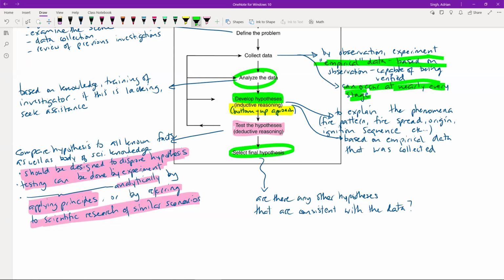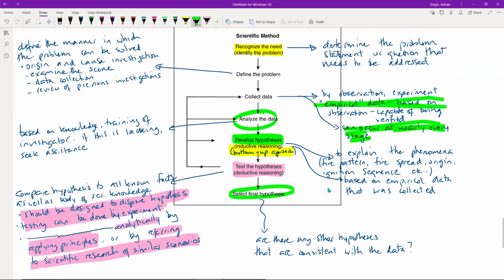You need to go back and test those hypotheses again. So really what we're ending up with here is the only hypothesis that was not disproven, right? Out of all the hypotheses that you could have developed based on the data that you collected, you're disproving all of them except the one that couldn't be disproven, which would be your final hypothesis.